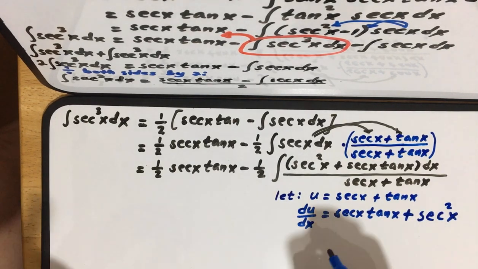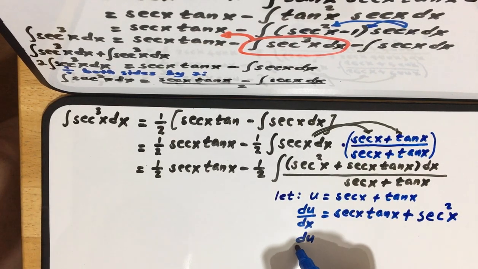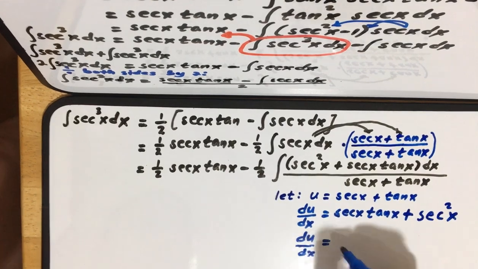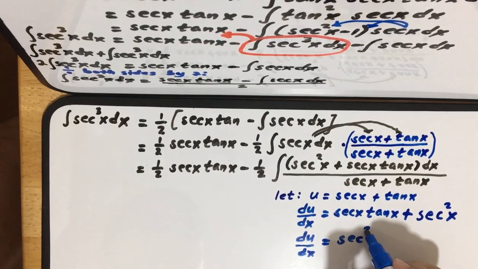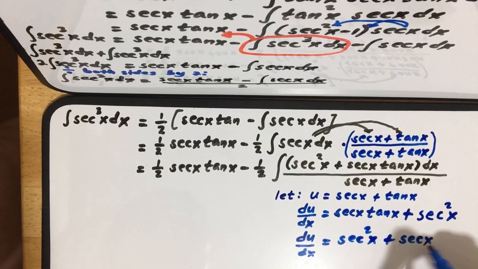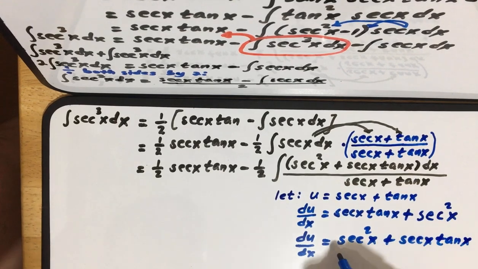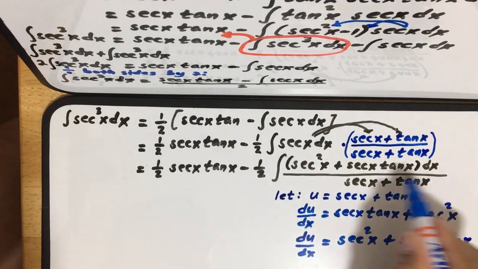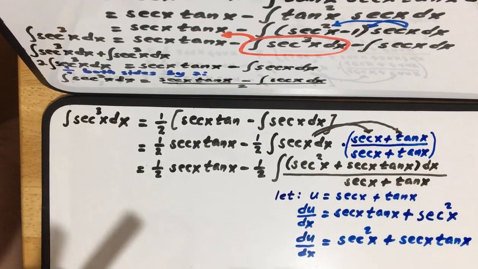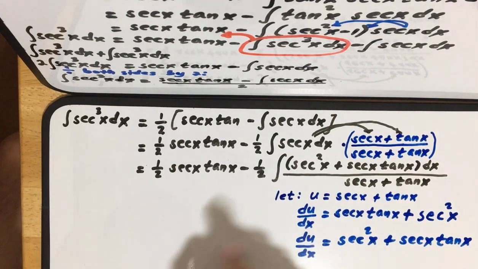So our du over dx can be written as secant squared x plus secant x times tangent x, so that we can see it is exactly the same as the numerator. So we have this form, the integral of du over u.